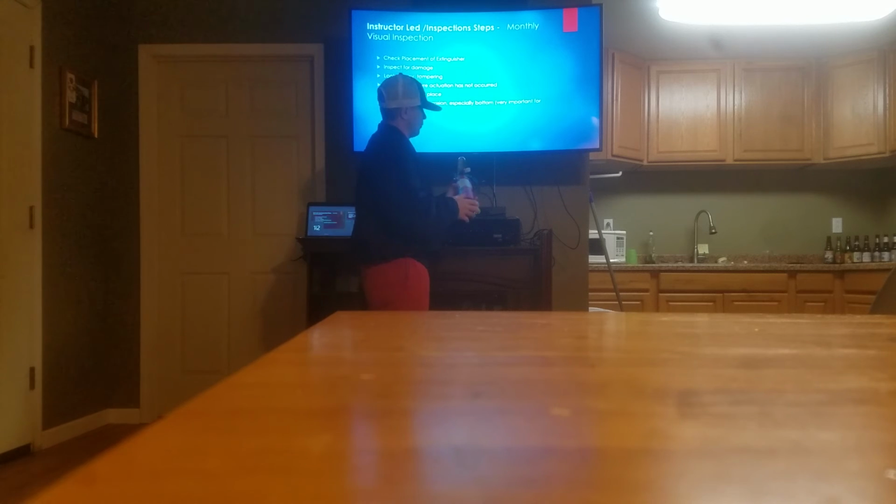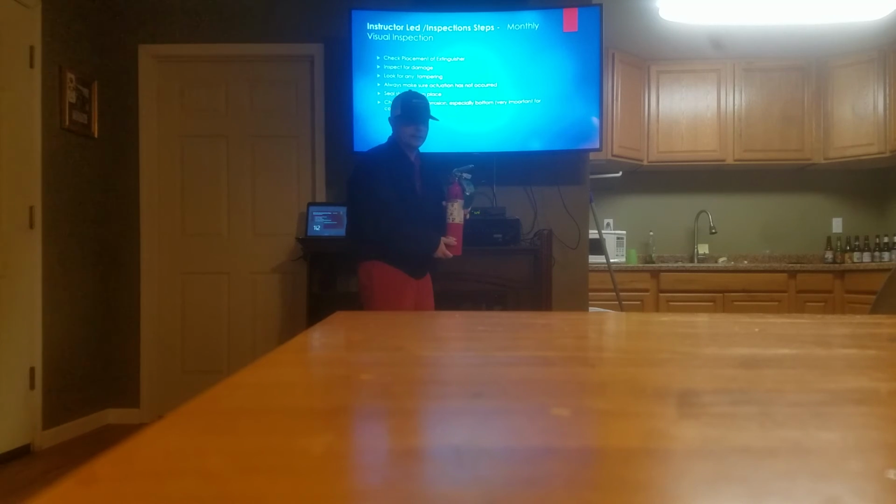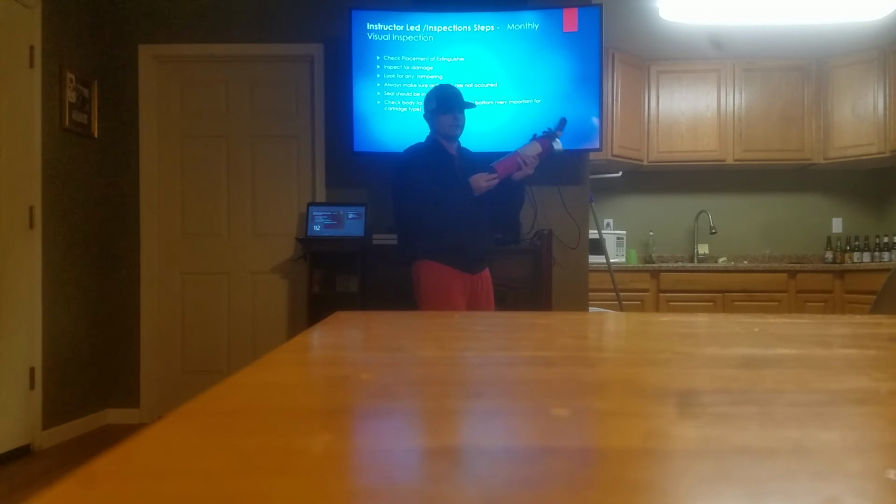Check the body for corrosion, especially the bottom. Very important in a cartridge type. I have a picture of a cartridge type in the next slide. Especially if it sits outside, I want to give you all a little point to keep in mind. When you look under it to check the bottom, especially on a bigger extinguisher, be mindful of the surroundings.